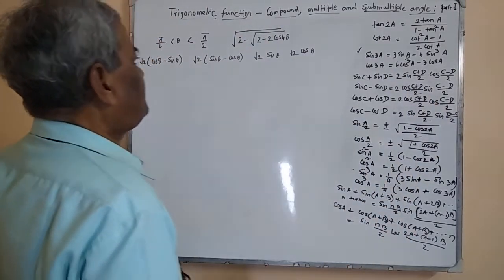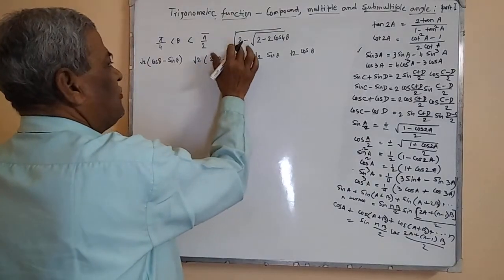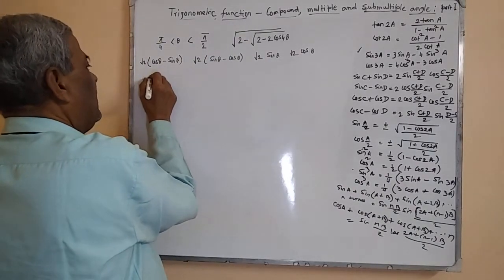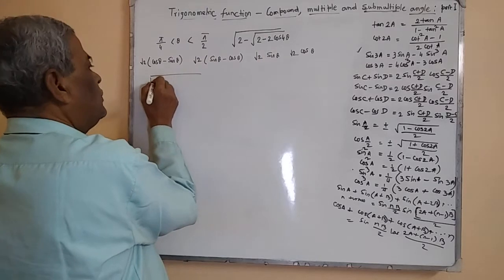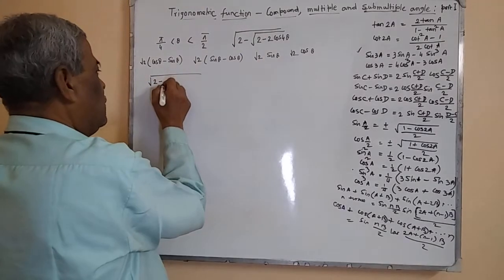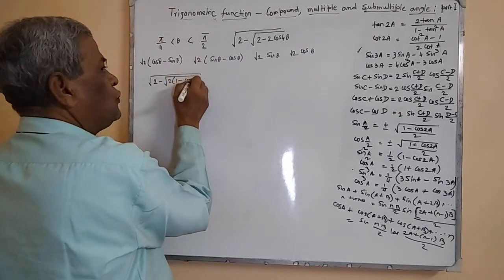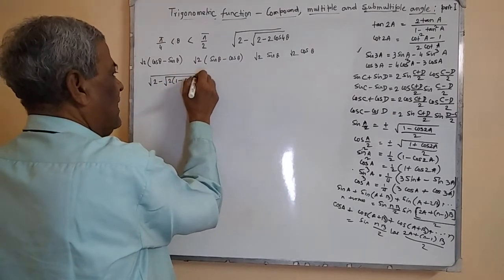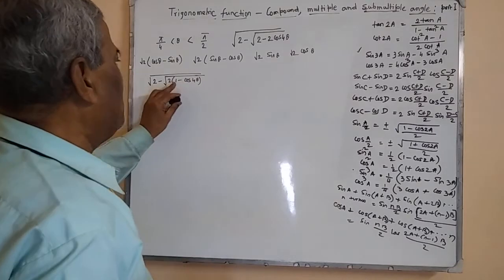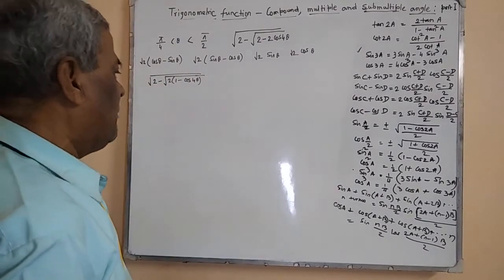So let us start from here. The given quantity is 2 minus within root over 2 into 1 minus cos 4 theta. It is of the type 1 minus cos 4 theta.